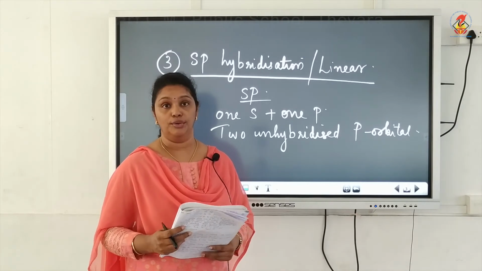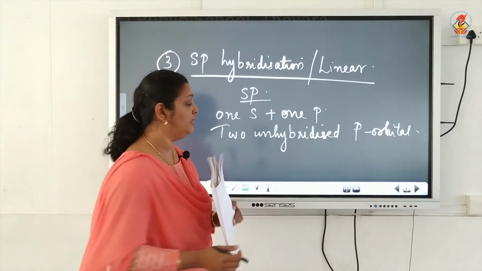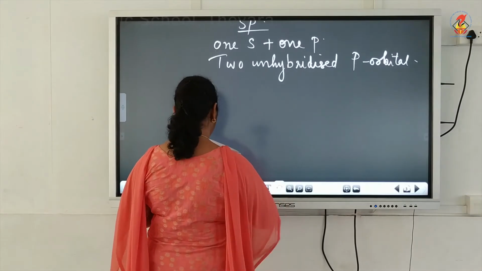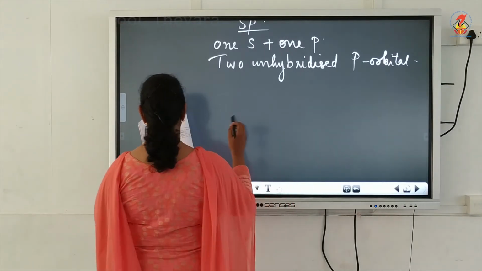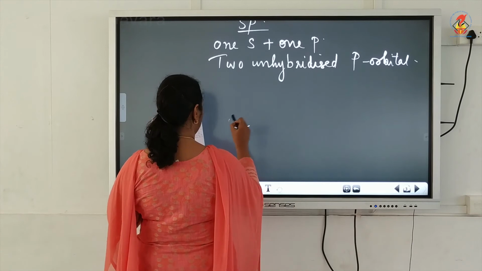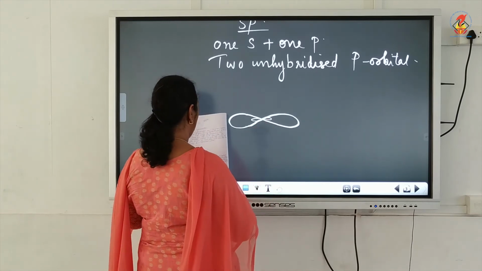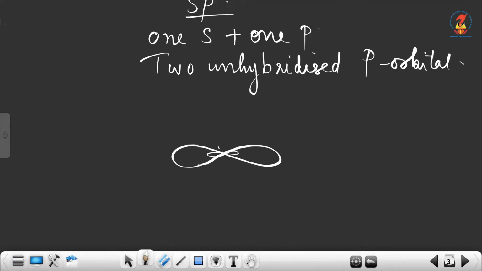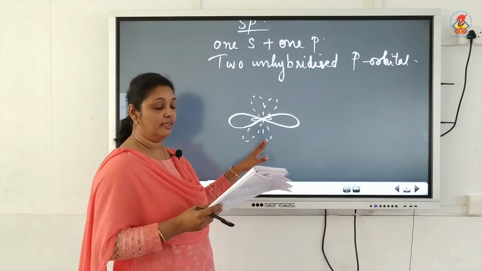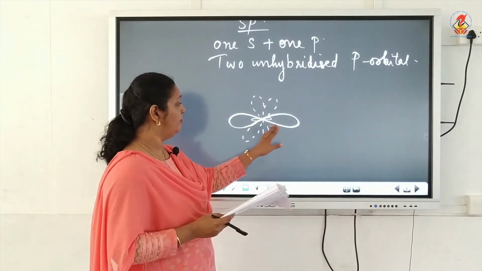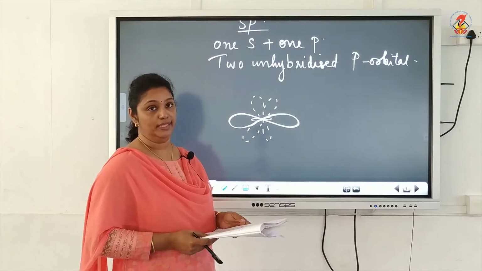So I am going to draw the shape of sp hybrid orbital. It is linear shape. So how will we show? Like this. Okay. And we have two unhybridized p orbitals, and these unhybridized p orbitals lie in different planes at right angles to each other and also to the plane of sp hybrid orbitals.